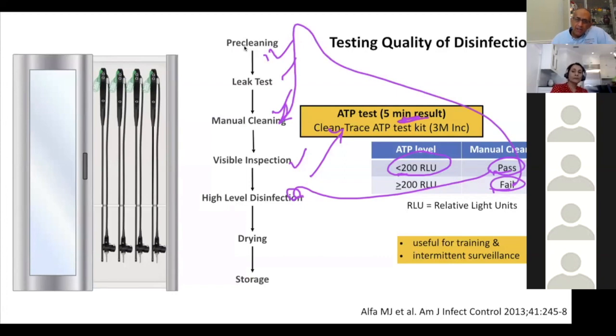By having this test as part of our routine, it will help us figure out whether our cleaning process is up to the mark or not. If you have somebody new who's coming into the system for cleaning your scopes, you would use this test to help that person train properly. And I believe this ATP test has a lot of value in endoscopy units.